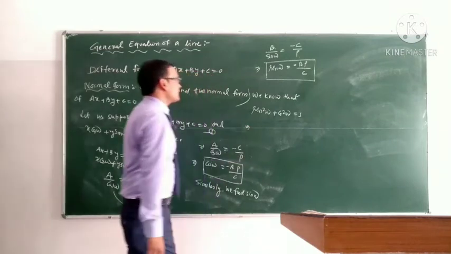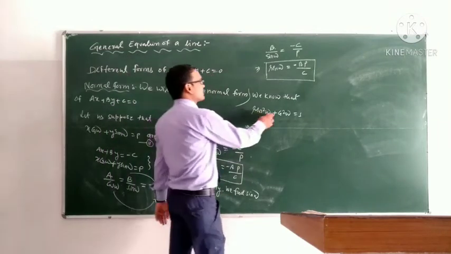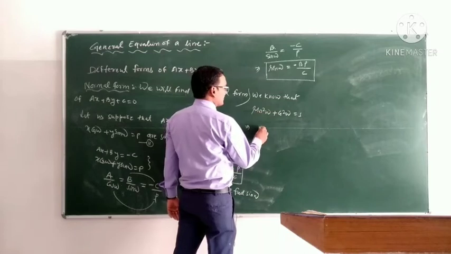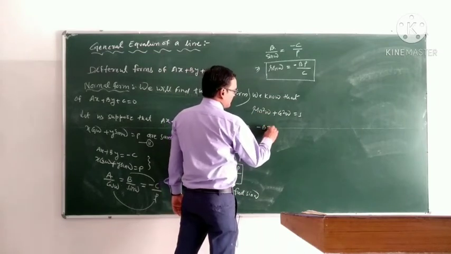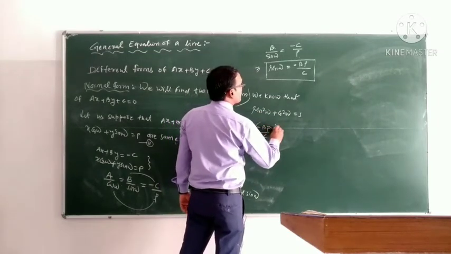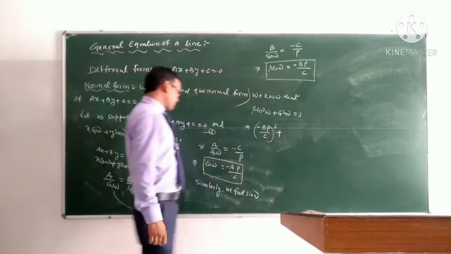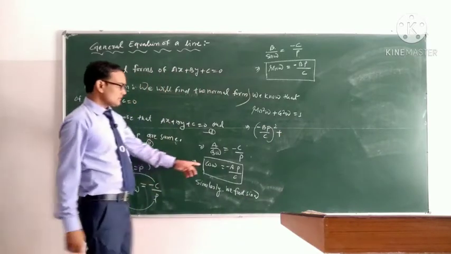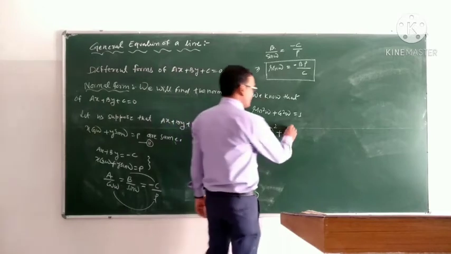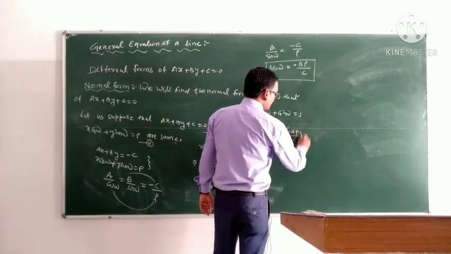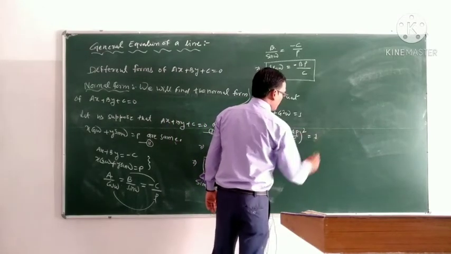Sin omega is minus bp upon c whole square plus cos omega is minus ap upon c whole square equal to 1.